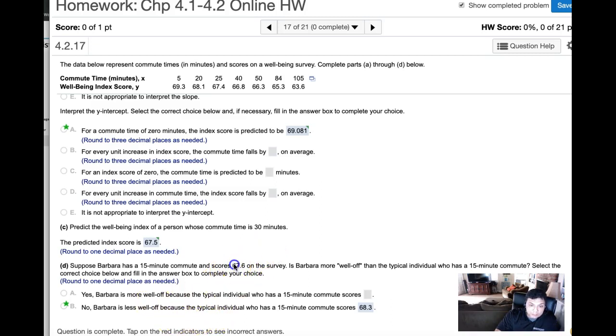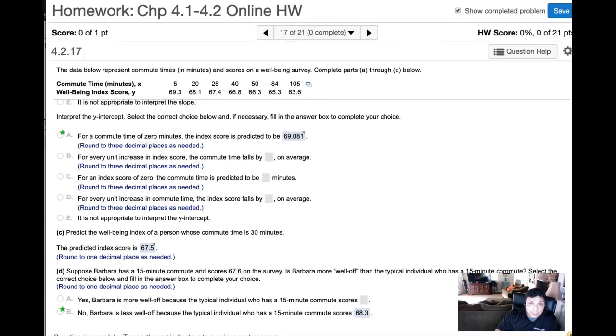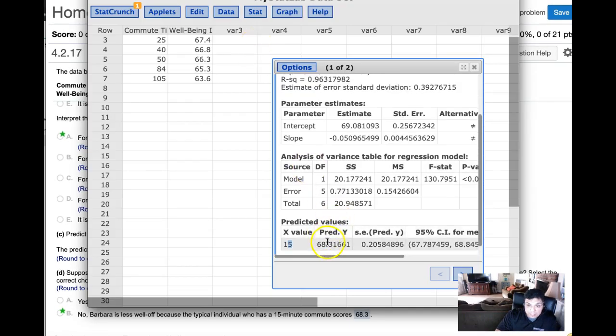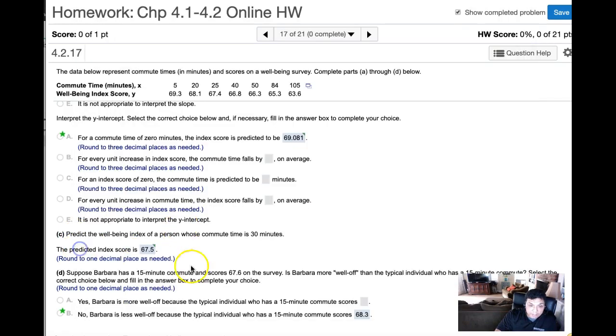Her score of 67.1 is smaller than 68.3. So compared to the average value of someone who commutes 15 minutes, she's not doing as well, because her score was 67.1 compared to the 68.3 that we got from the predicted score.